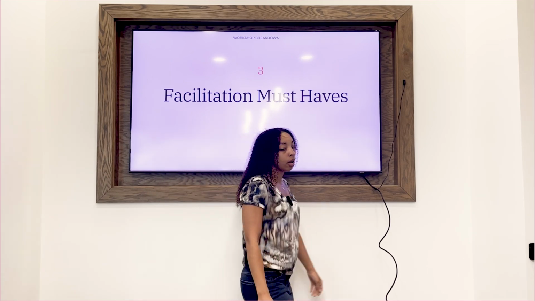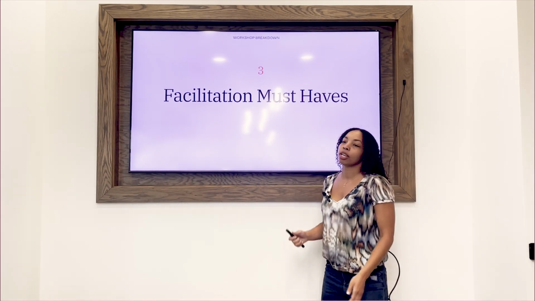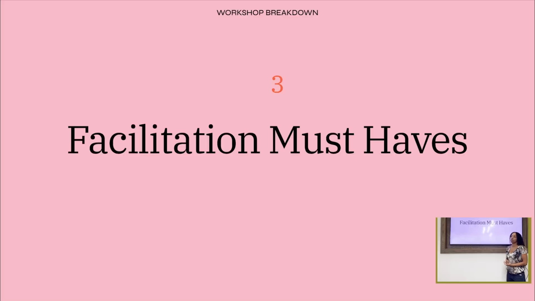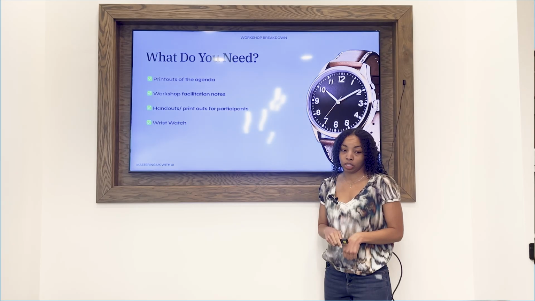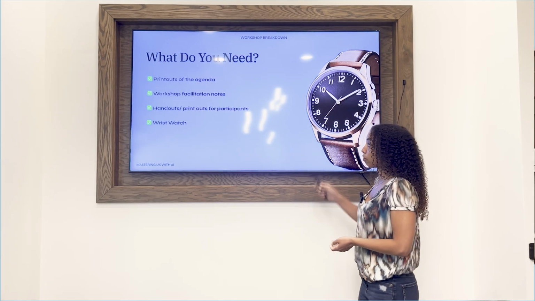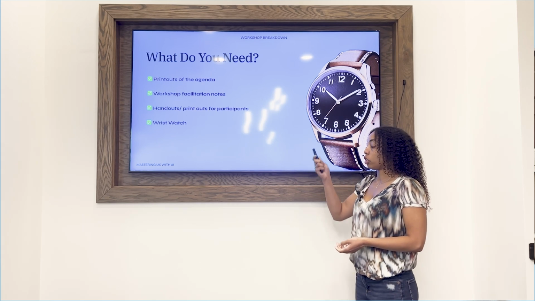Okay, so facilitation must-haves. We're at the point where you are showing up to your workshop, right? It's the day of, let's say you're doing an in-person workshop, and you have to figure out what the heck you're bringing with you. This is what you need. First, starting off, printouts of your agenda.